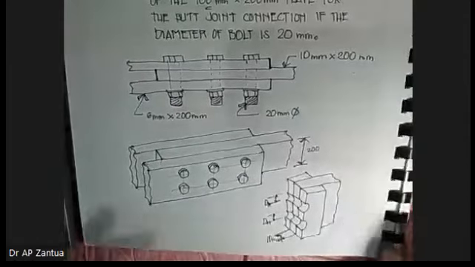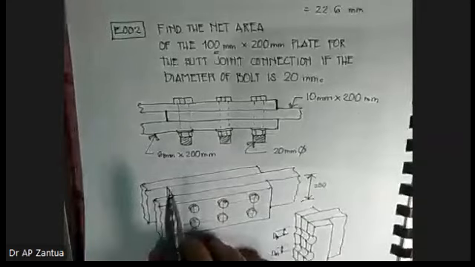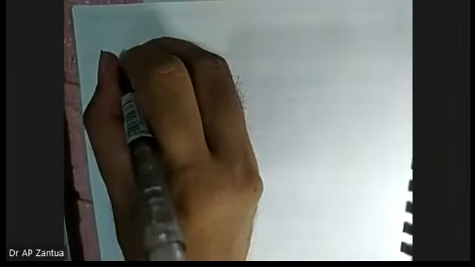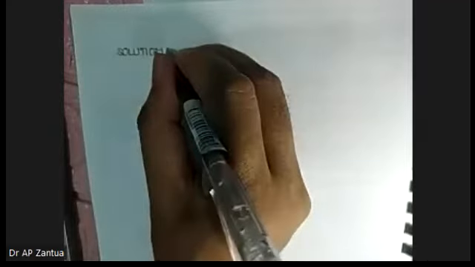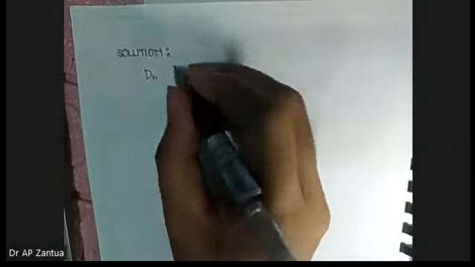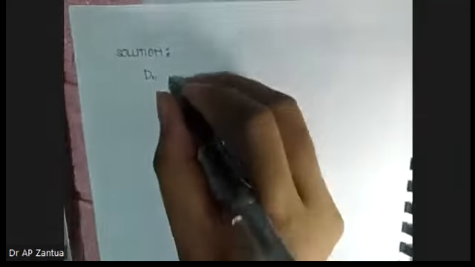Okay, so let us compute for the net area. Solution. What is dn, the nominal hole diameter?